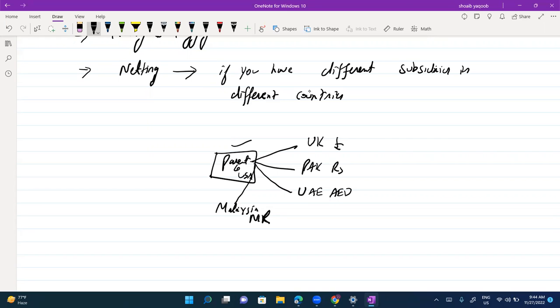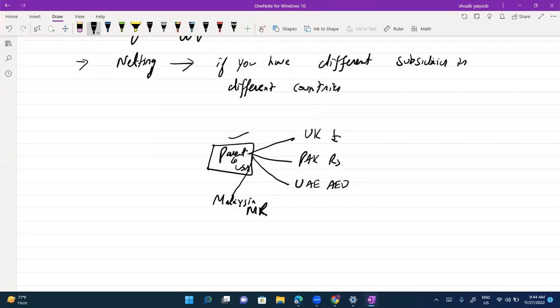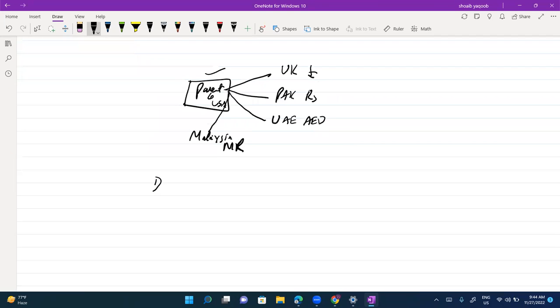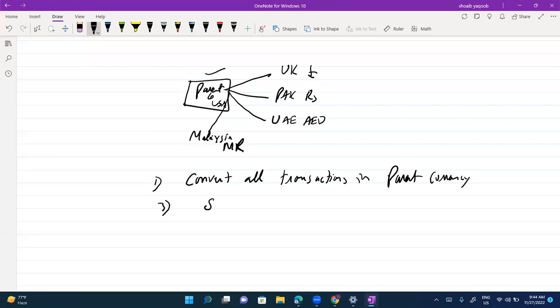You will convert all transactions in parent currency, and then settle these transactions with each other.